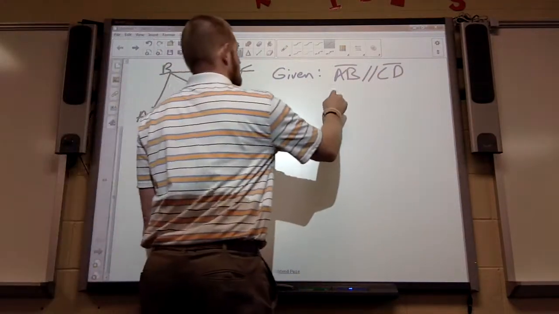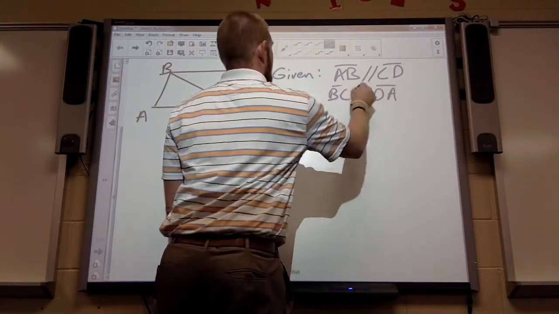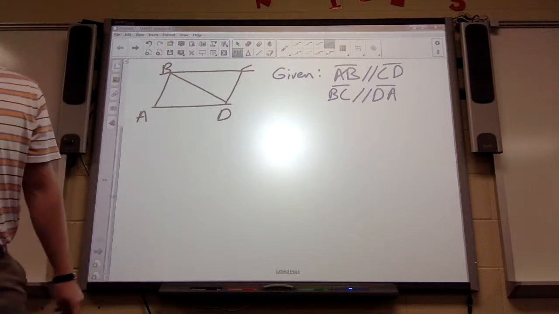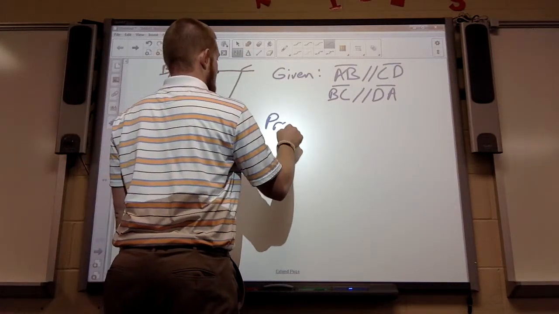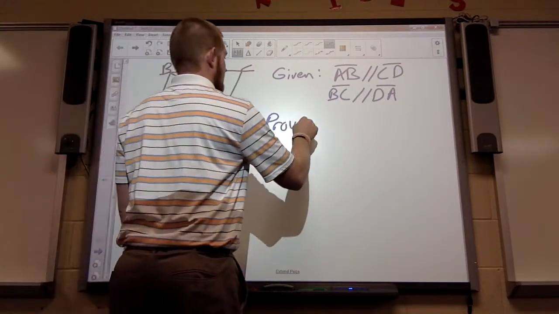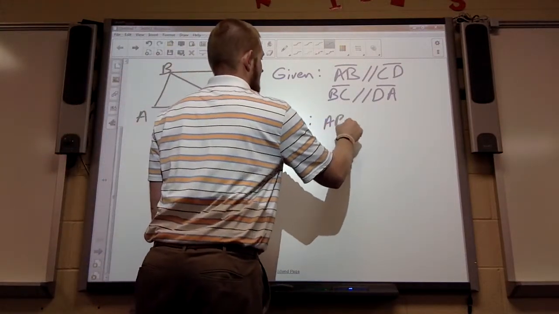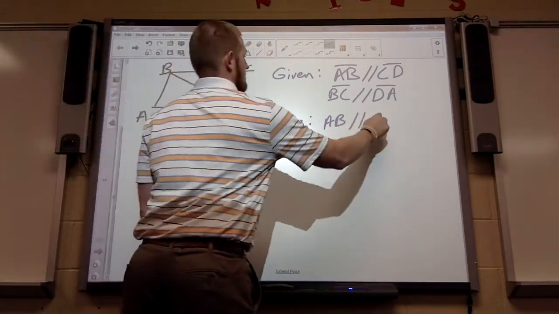BC is parallel to DA. Okay? And we want to prove that AB is congruent to CD.